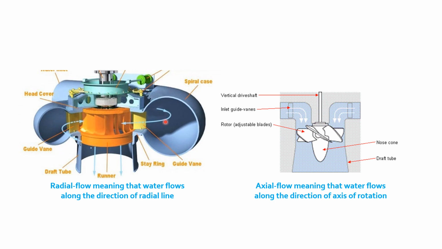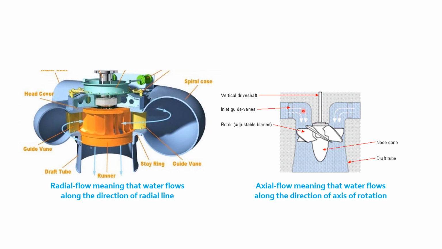This Francis turbine is also known as a radial flow turbine because, as you can see here, the water enters the turbine runner radially, along the direction of the radial line of the turbine runner. Over here you can see the Kaplan turbine, in which the water enters from the pipes, and here we can see the guide vanes installed inside the pipes, which control the flow and direction of water.